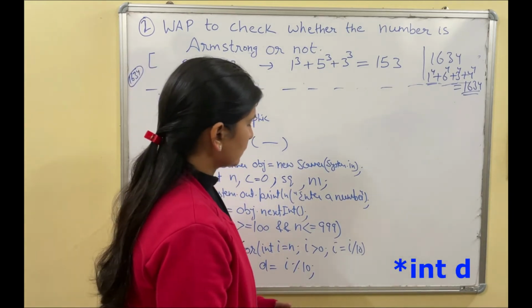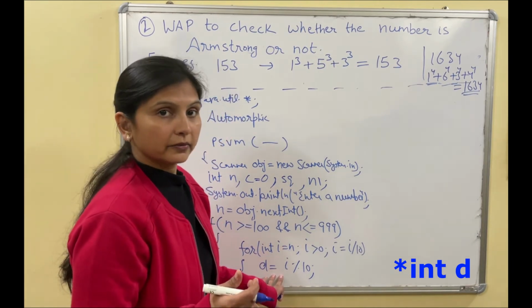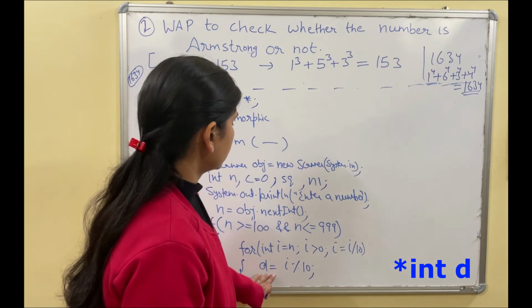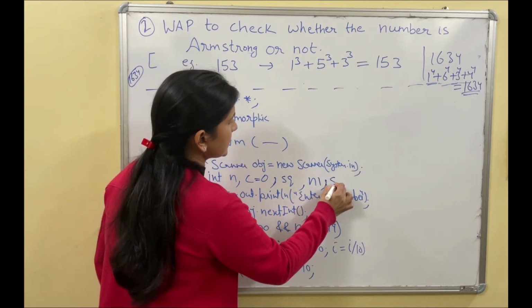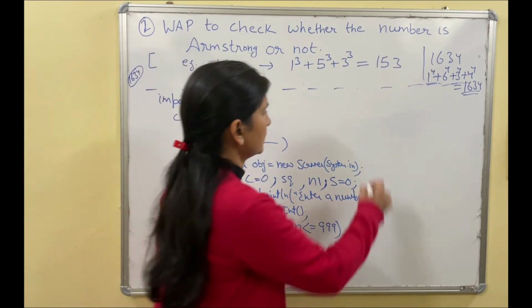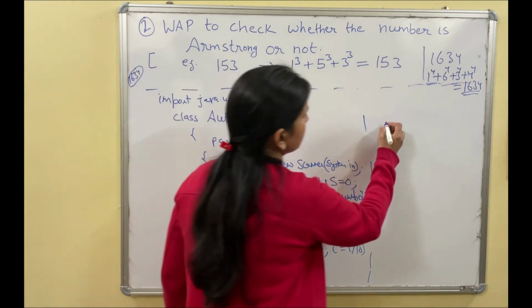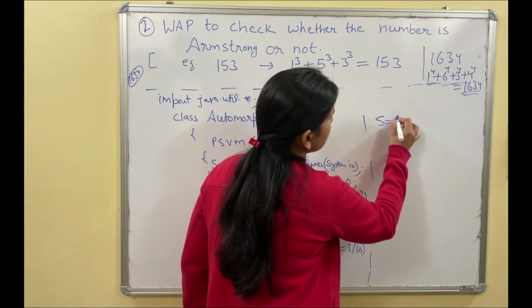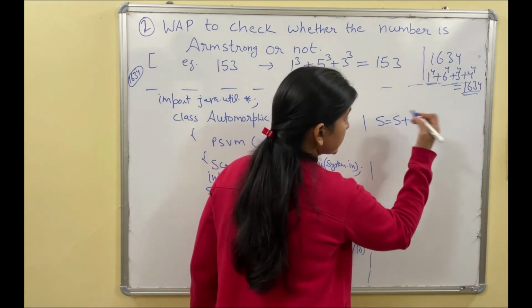Then we need to calculate the cube of these digits, fine, and then we will add it. So to add it, we will use s equals 0, right? So here I am writing, after extracting the digit, s equals s plus the sum of what? Of the digits, the cube of the digits.